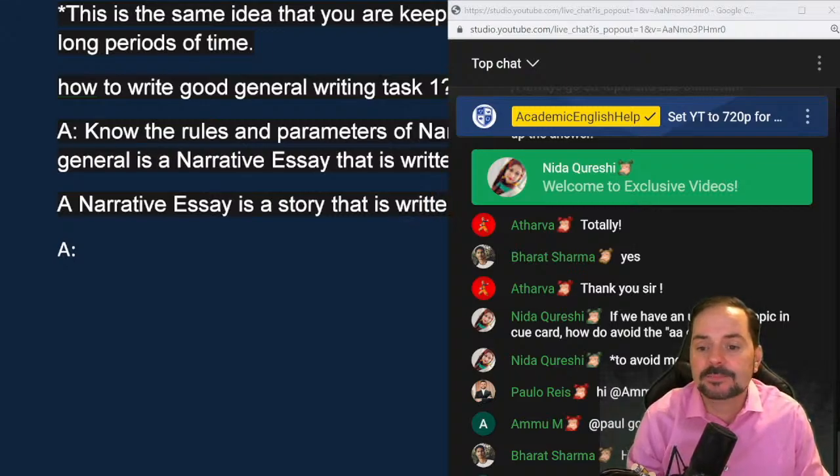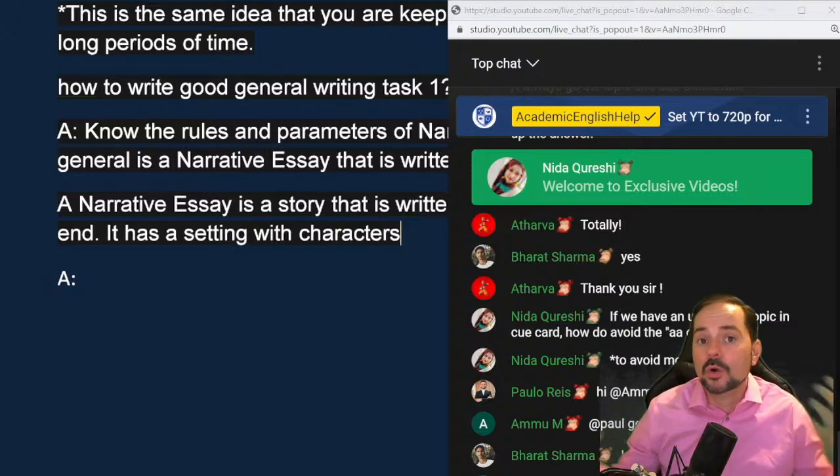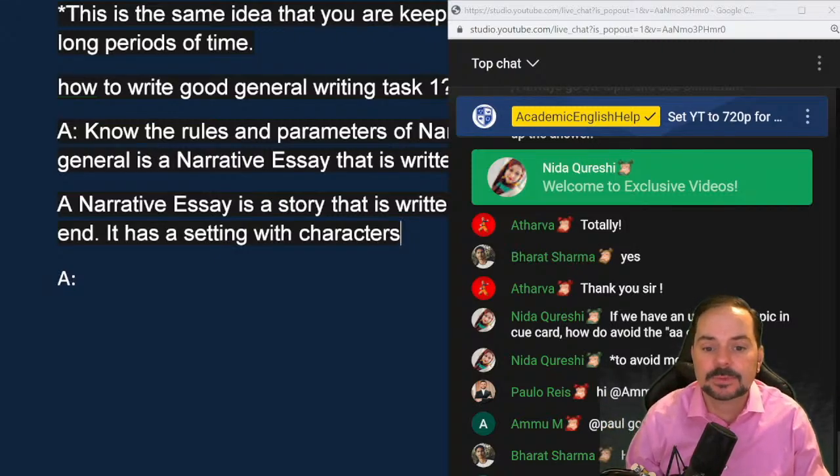It has a beginning, middle, and end. It has a setting with characters, so the location, the time.